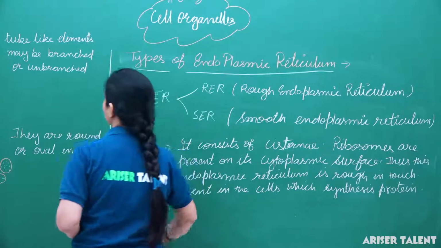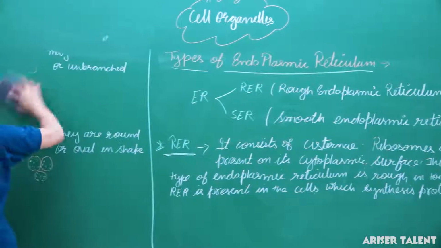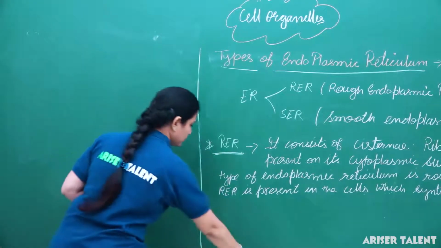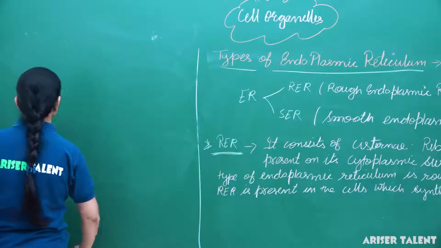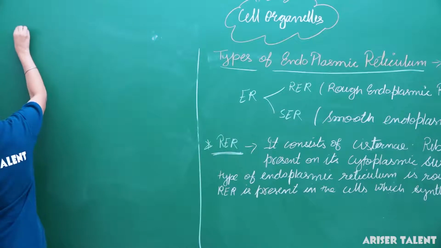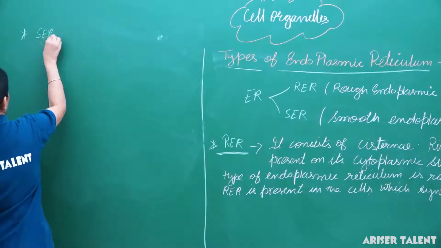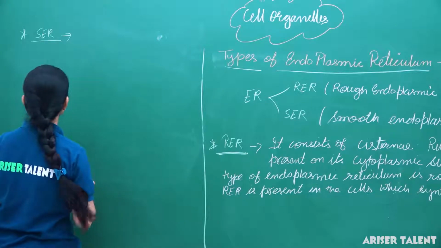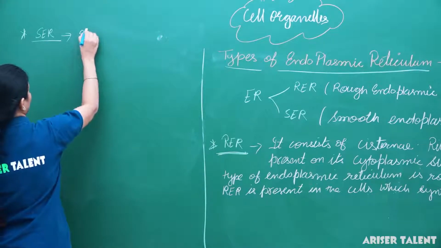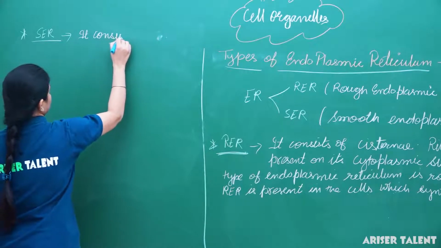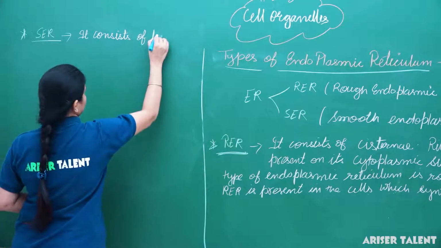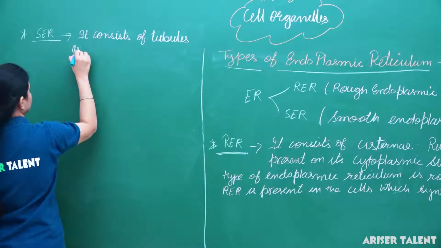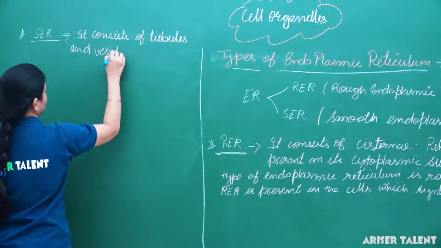Next we will talk about smooth endoplasmic reticulum. It consists of tubules and vesicles.